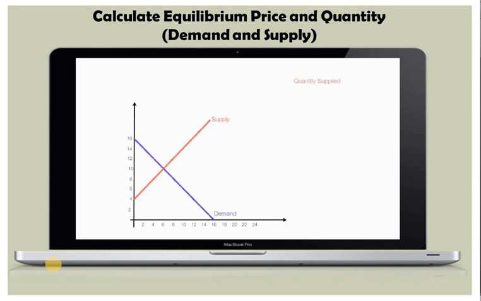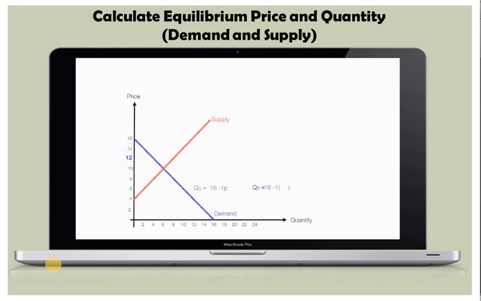Quantity supplied is equal to -4 plus 1p. Quantity demanded is equal to 16 minus 1p. The slope of the demand curve is -1, and that's that -1 right there.